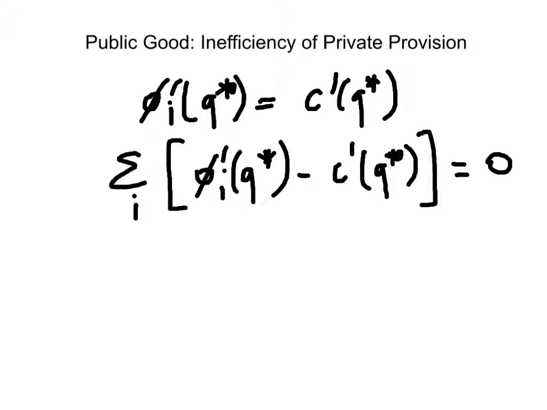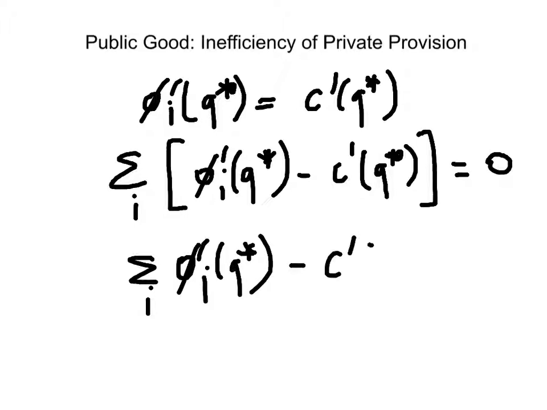we get the following requirement. And this is with private production. But if you remember, the optimal provision condition that we've already derived in a prior tutorial was that the sum of all marginal utilities less the marginal cost was equal to 0.